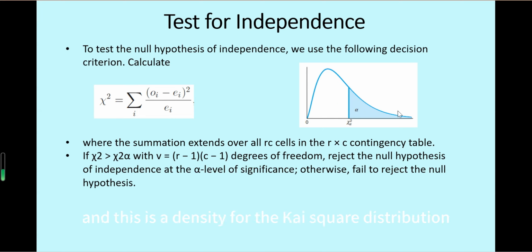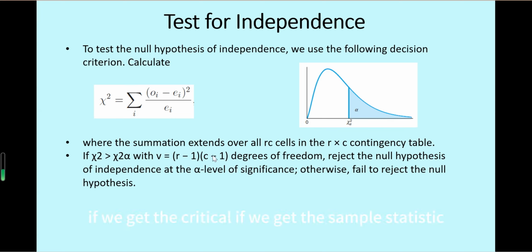And this is the probability density for the chi-square distribution, and this value is called the critical value for chi-square alpha, which means the probability to the right of this value is alpha. So in a chi-square test, usually we set alpha to 0.05. It's a very small probability compared with the total probability 1.